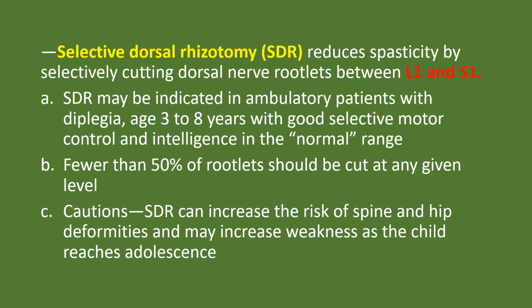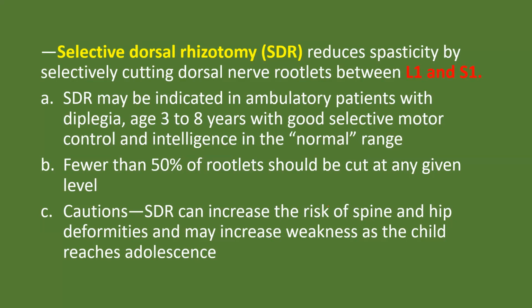It reduces spasticity by selectively cutting dorsal nerve rootlets between L1 and S1. SDR may be indicated in ambulatory patients with diplegia, and the ages are between 3 to 8 years with good selective motor control and intelligence in the normal range.